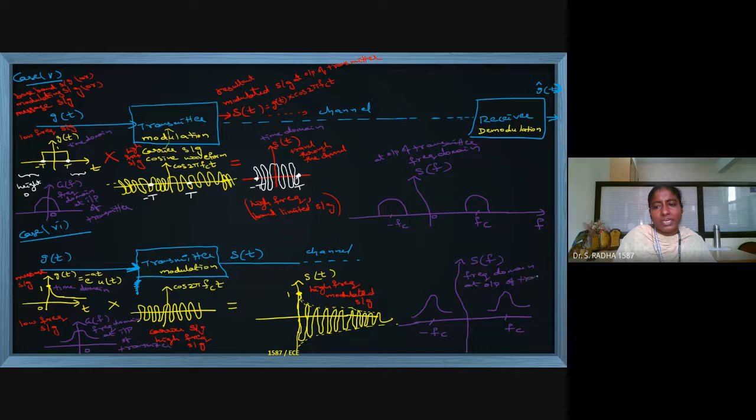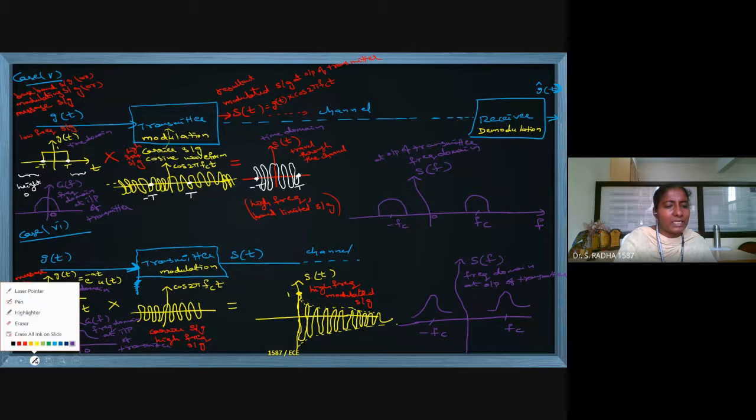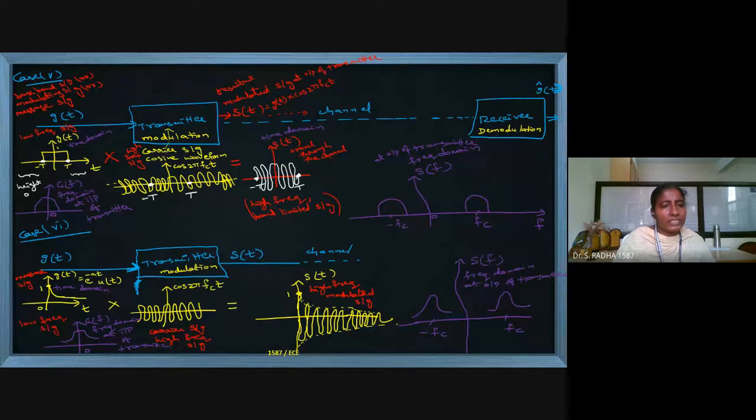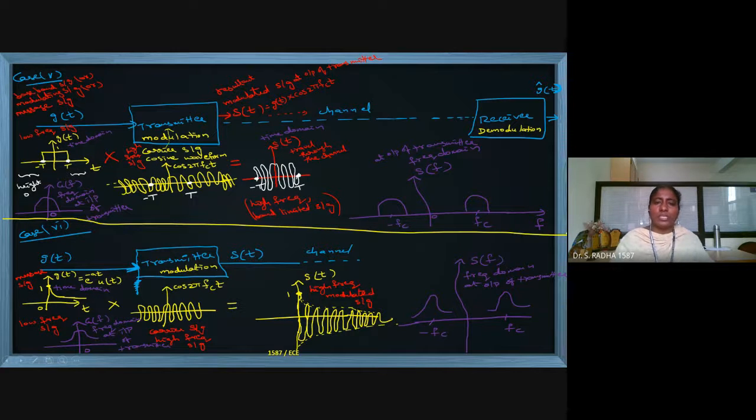I am just giving roughly the diagrams, not exactly discussing x-axis values and y-axis values. So what you understand is, in the diagram of transmitter, at the input and at the output of transmitter, we have time domain waveforms and frequency domain waveforms.